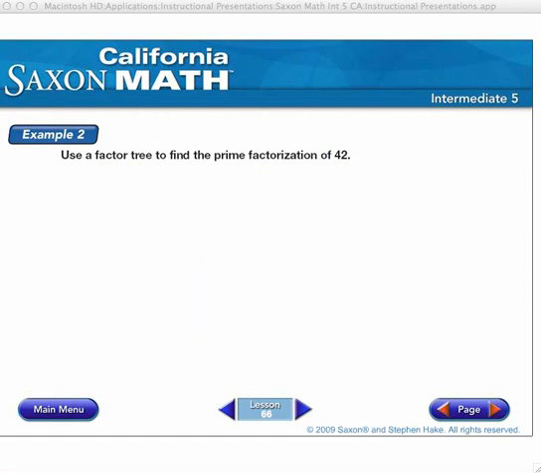Okay, let's do 36. I know that one way to get 36 is to multiply 4 times 9. Well, 4 isn't prime, so I'm going to keep going over here. I can get 4 by multiplying 2 times 2. Both of these are prime.